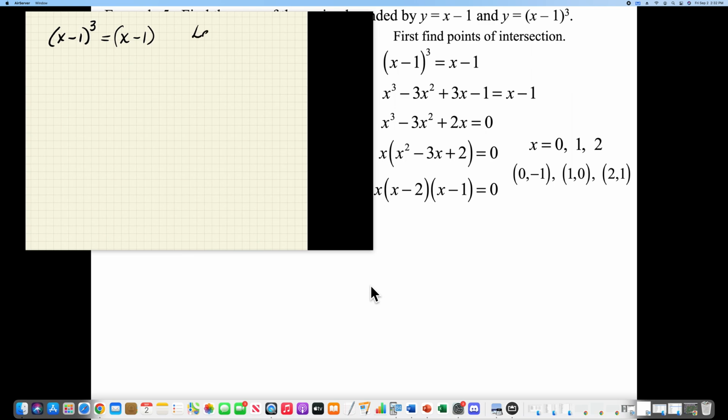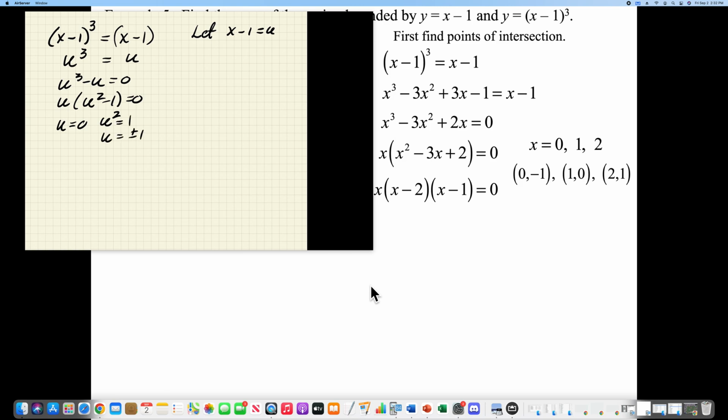So we could let x minus 1 equal u. If I do that, this now becomes u cubed equals u, or u cubed minus u equals 0. Factor out a u. Difference of perfect squares, or just go ahead and solve it. u equals 0, u squared equals 1, u equals plus or minus 1.